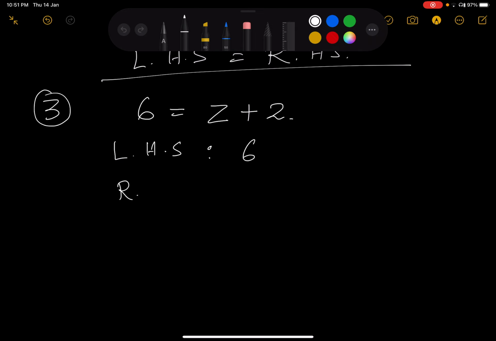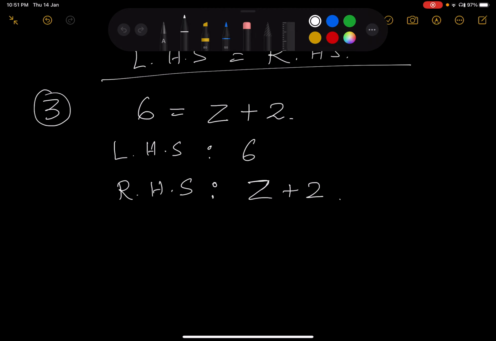You practice like this so that left hand side and right hand side concept becomes clear to you. So left hand side it is 6, right hand side it is z plus 2, and in between it is the equals to sign. So you have to prove that left hand side is equal to right hand side.